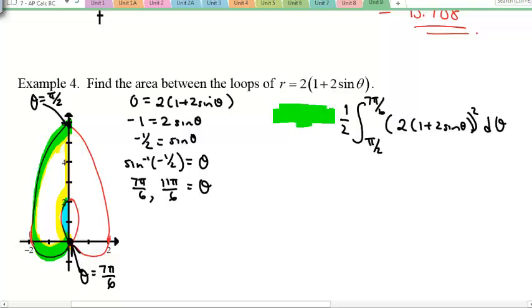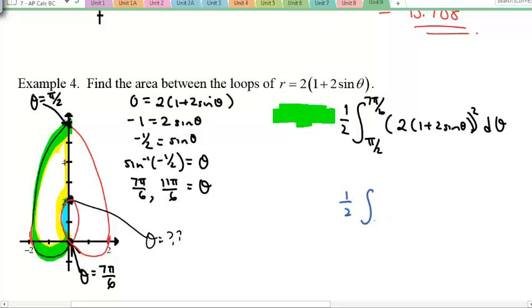And so my question to you would be, what is the angle theta at this point here? Because really then the blue portion is 1/2 going from, what would that be?